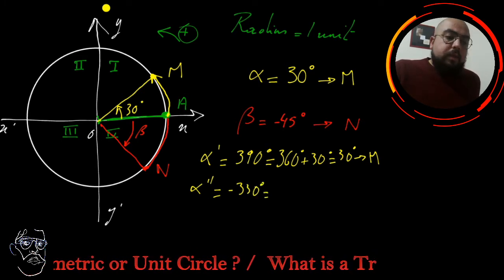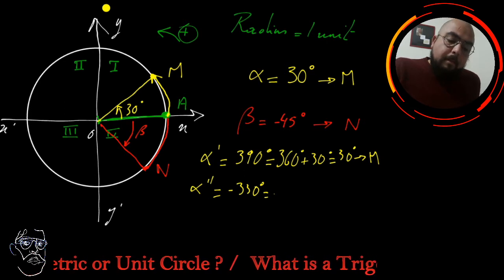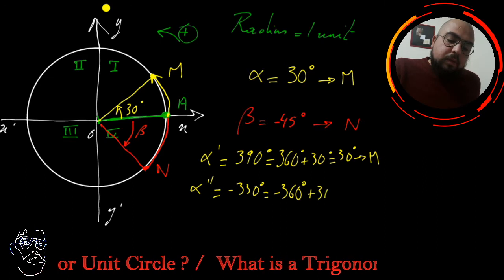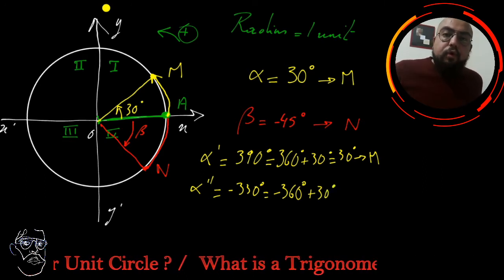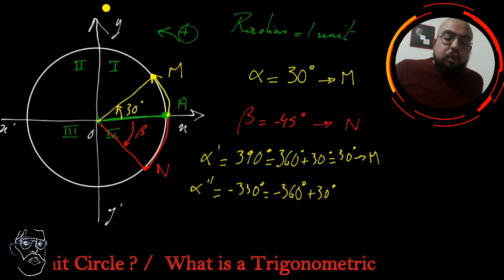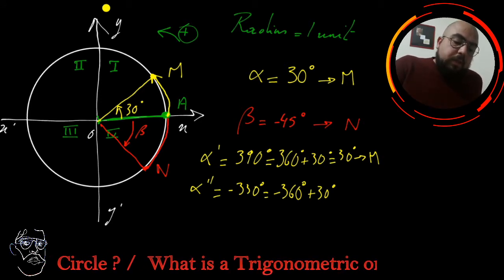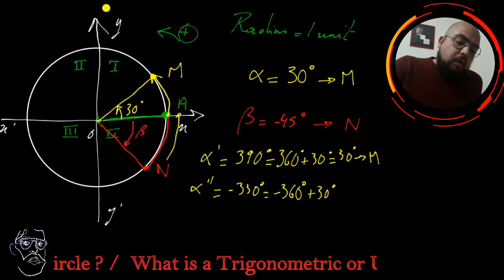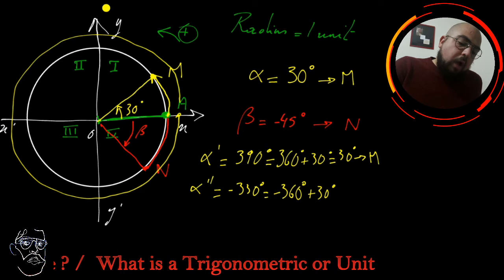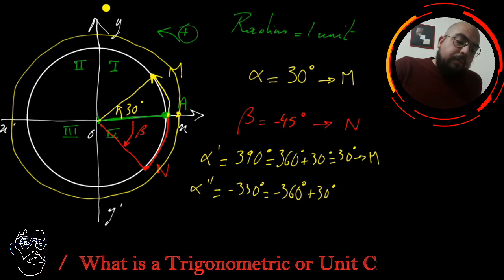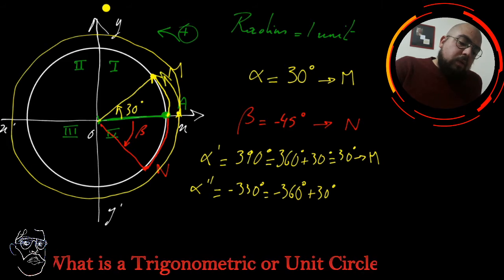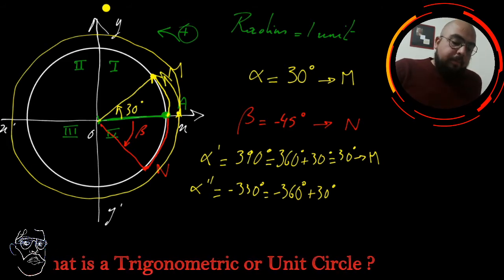Minus 330 degrees is simply minus 360 degrees plus 30 degrees. So again, I did a full revolution, but in the opposite orientation. Of course, I'm starting from point A, a full revolution, but clockwise. I will reach point A, and from point A, I will have to do plus 30 degrees, so I will get back to the point M.